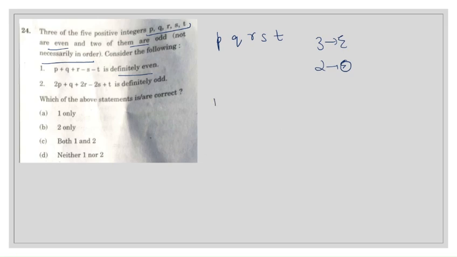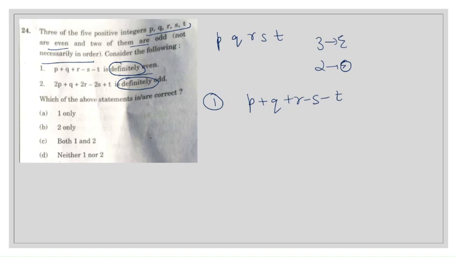Now the first point here says P plus Q plus R minus S minus T is definitely even. So again we have discussed this particular thing before as well in previous questions. If it says can be even, can be odd, then we need just one example to prove.